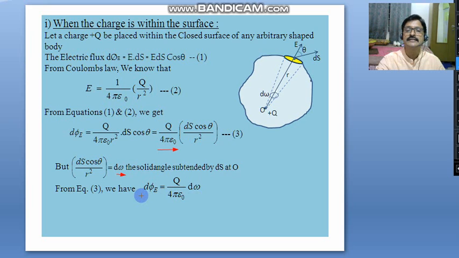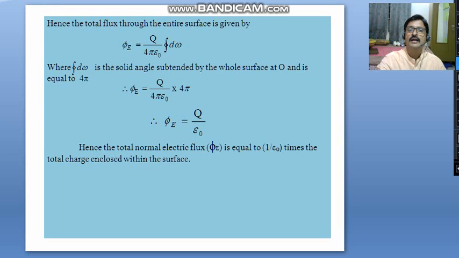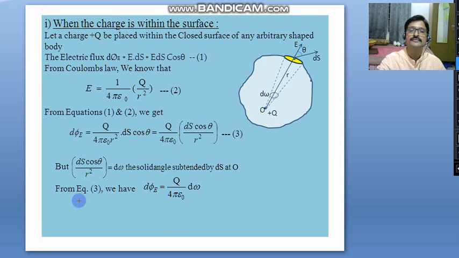This is the amount of flux through this small surface area ds. Hence, to determine the total flux we should integrate the equation we arrived at for d phi E.